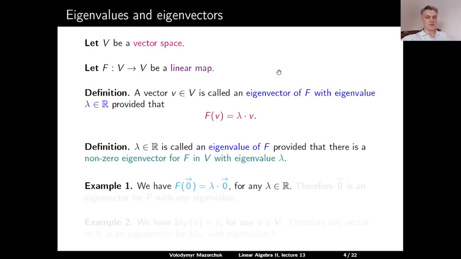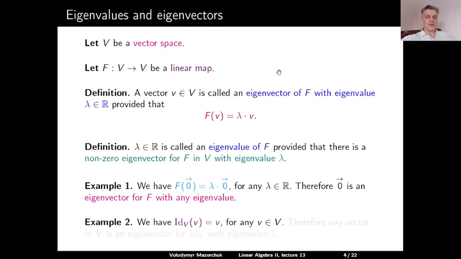So here are some examples. Example 1. For any linear operator F, F of the zero vector is equal to the zero vector, and this is equal to lambda times the zero vector for any real number lambda. Therefore, the zero vector is an eigenvector for any linear operator and with any real eigenvalue.